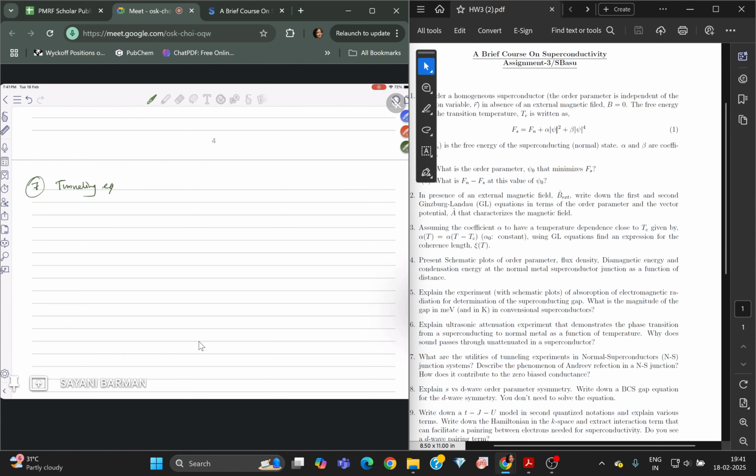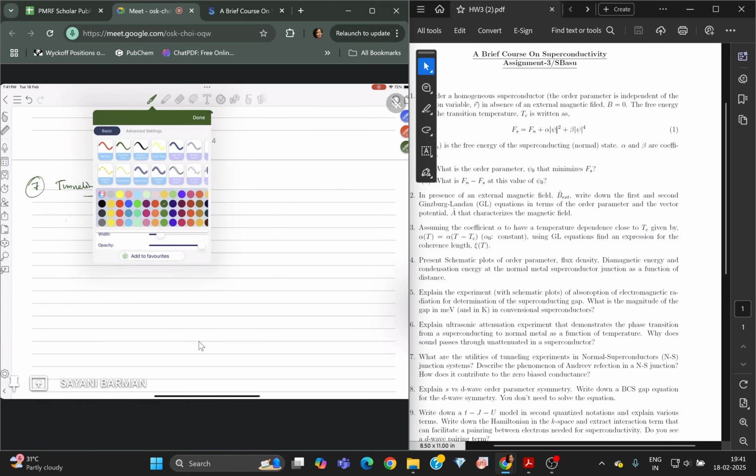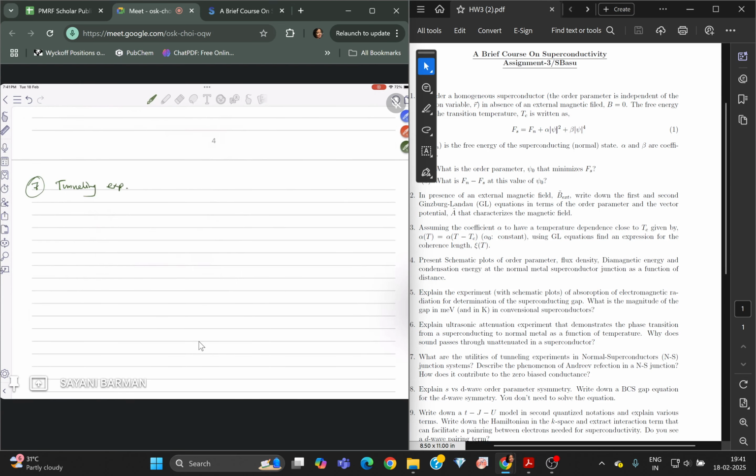So tunneling experiment in normal superconductor junctions gives us superconducting properties like DOS, meaning density of states, energy gap delta, etc. Now the first question is what are the utilities?